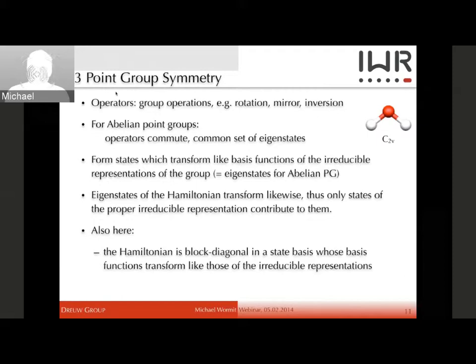Which means that again, the Hamiltonian is block diagonal in this state basis, and we can solve one after the other.